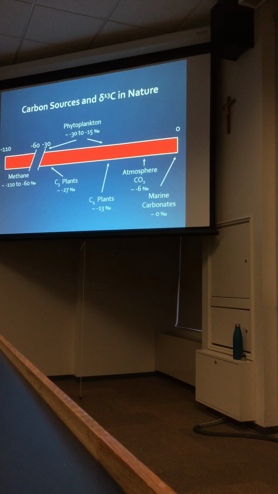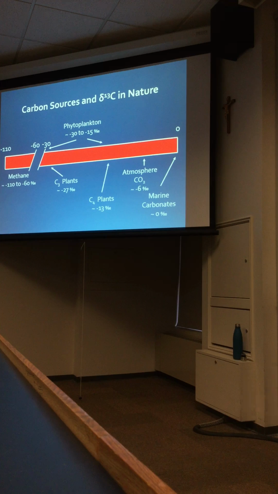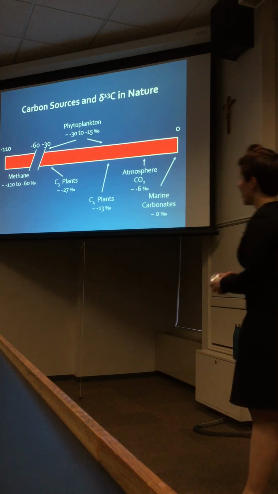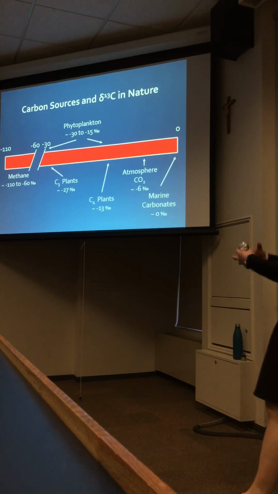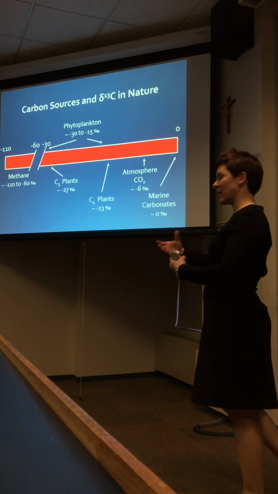And we can actually trace this with stable isotopes of carbon. Really the only thing I need you to know about this slide is that methane is really, really low in the carbon isotopes that we are measuring relative to all the other carbon sources. It sort of just breaks the scale. And so that methane can be traced in the food web with these isotopes, kind of like a dye. You can imagine seeing, right, like a chemical dye.